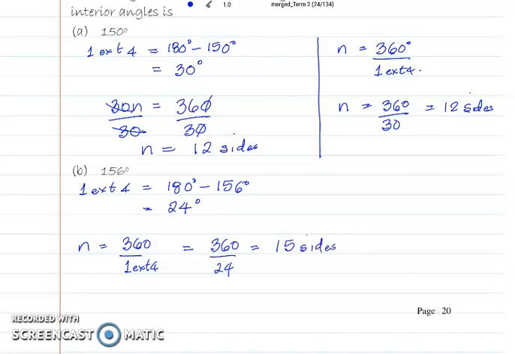And so if one interior angle of a regular polygon is 156 degrees, that polygon has 15 sides.